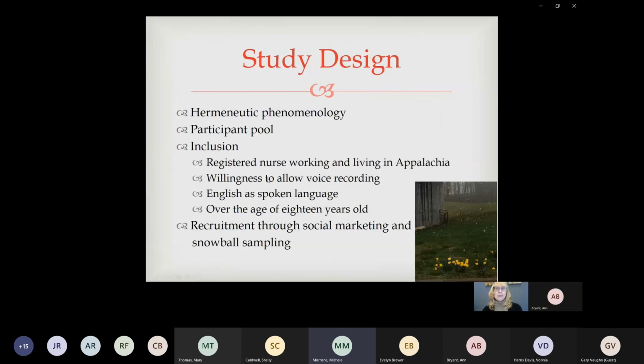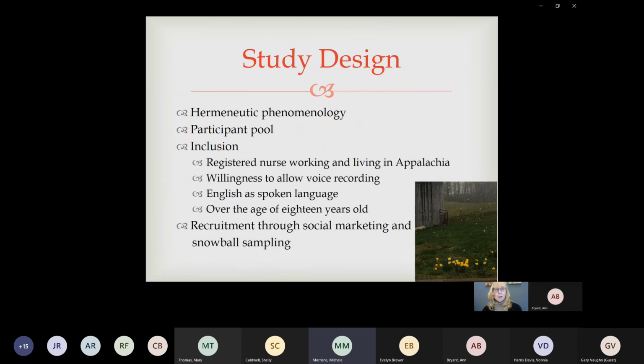The study design is a hermeneutic phenomenology study which uses researcher interpretation of text to discover the meaning of a lived experience. My participant pool excluded LPNs. LPNs are nurses, and they're very valuable to the team. But LPNs do not receive the level of practice and education for leadership and professional roles.